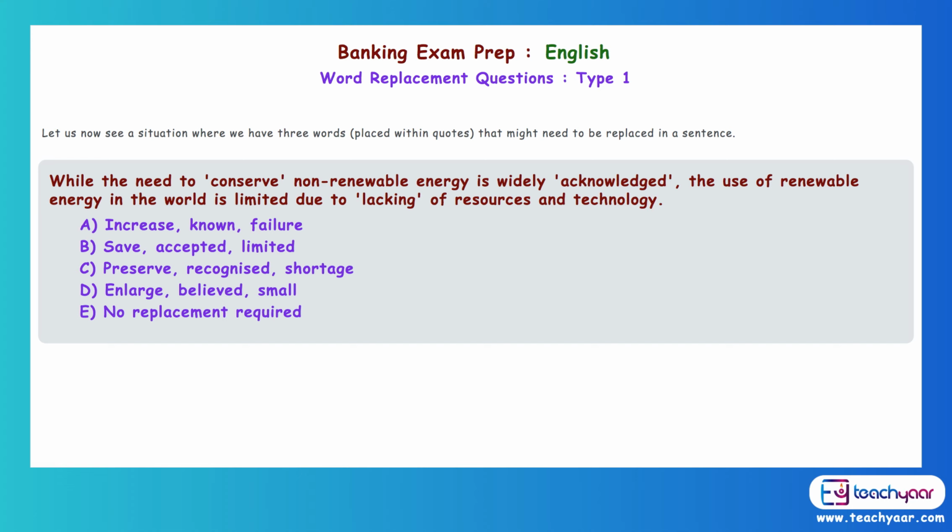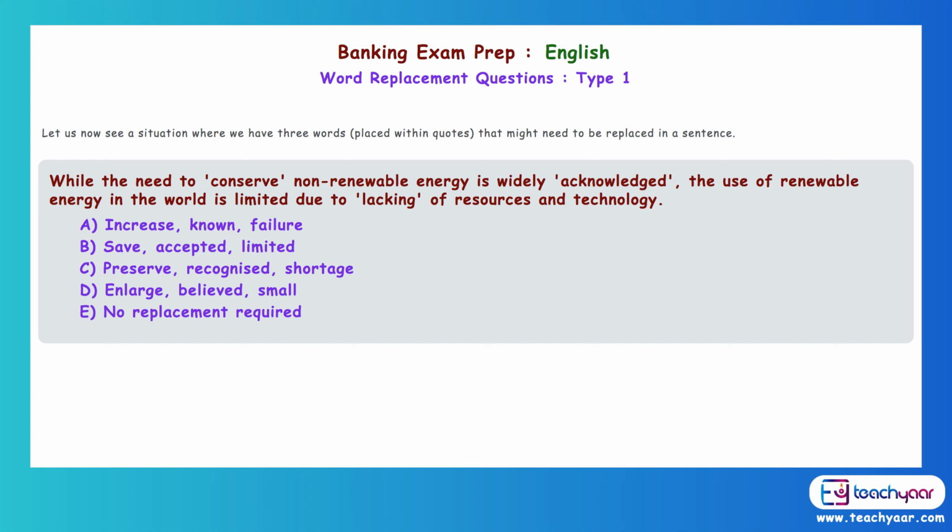And we see one more question now, one more sentence. While the need to conserve non-renewable energy is widely acknowledged, the use of renewable energy in the world is limited due to lacking of resources and technology.